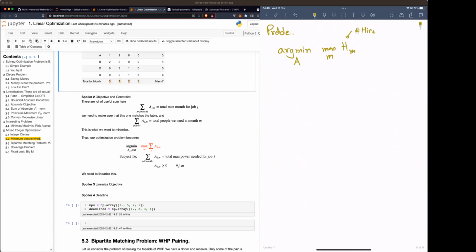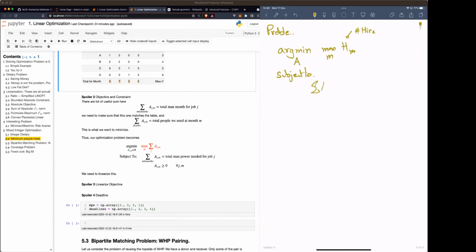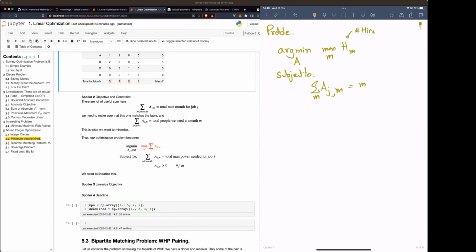This is how much you need to hire. And then subject to, you say that the job needs to be done. So that means the sum of A_J,M over every M has to equal the manpower for job J. So this is job done.